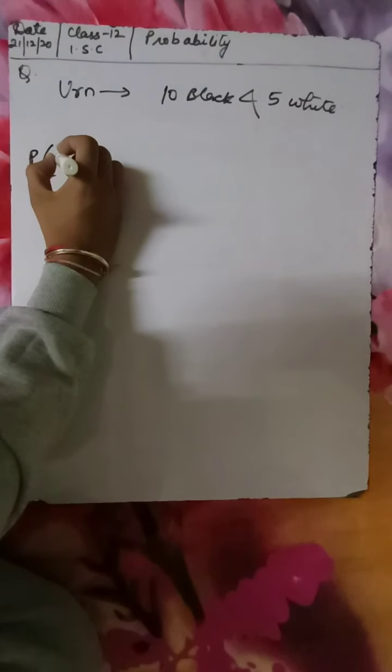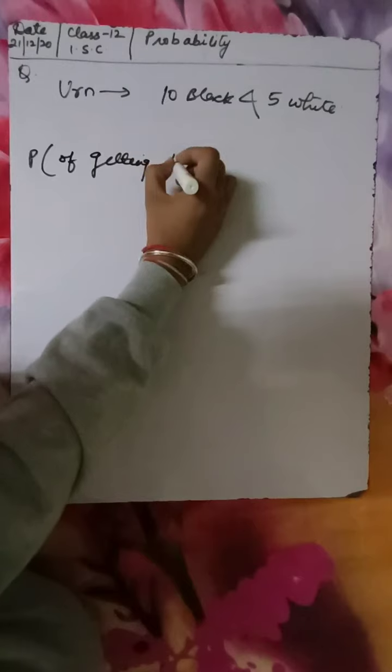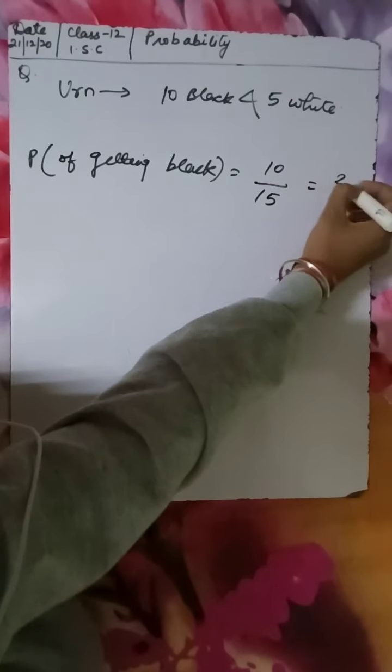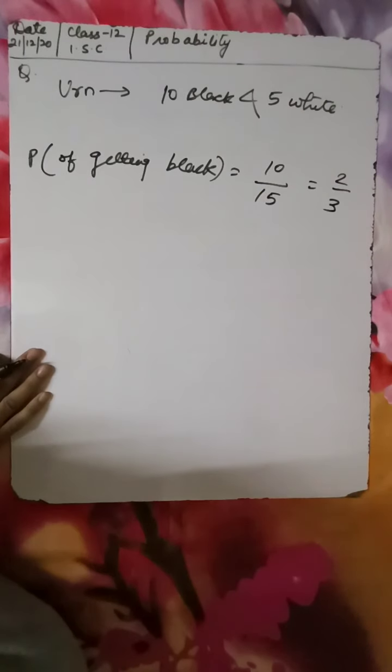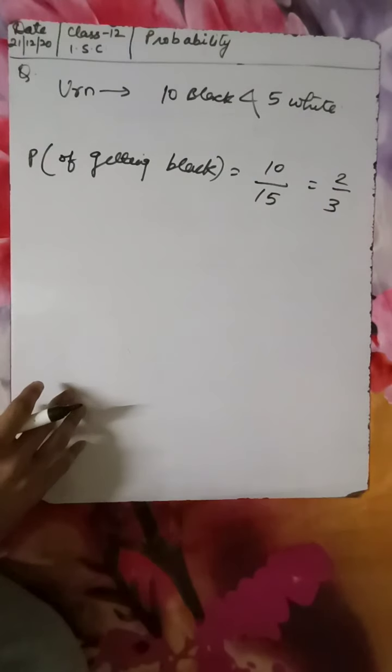Now what is the probability that both balls are black balls? We need to find the probability of getting black balls. In the first pick, what will be the probability of getting a black ball? How many black balls are there? 10, and total 15. So 10 by 15, which is 2 by 3. So on the first draw, the probability of getting a black ball will be 2 by 3.